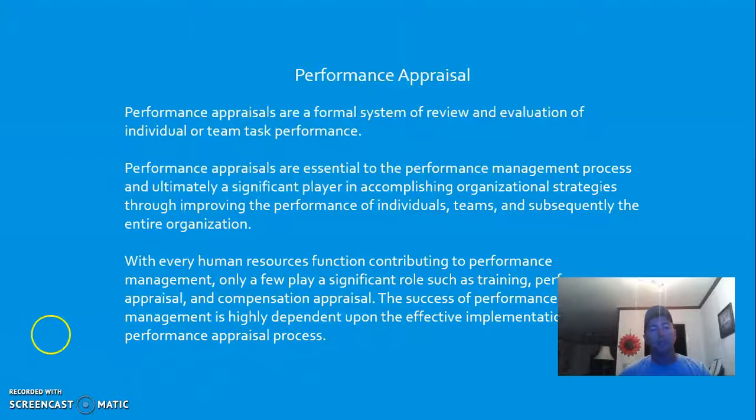The success of performance management is highly dependent upon the effective implementation of the performance appraisal process. This process directly impacts the organization's strategic plan, both team performance and individual performance as measured through this process.